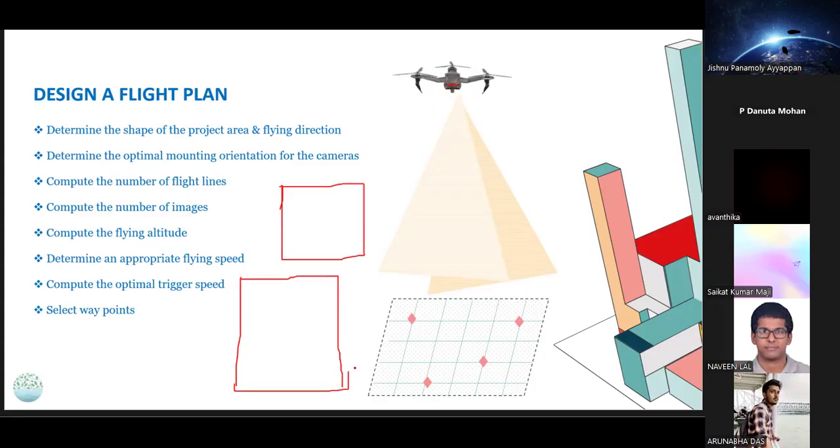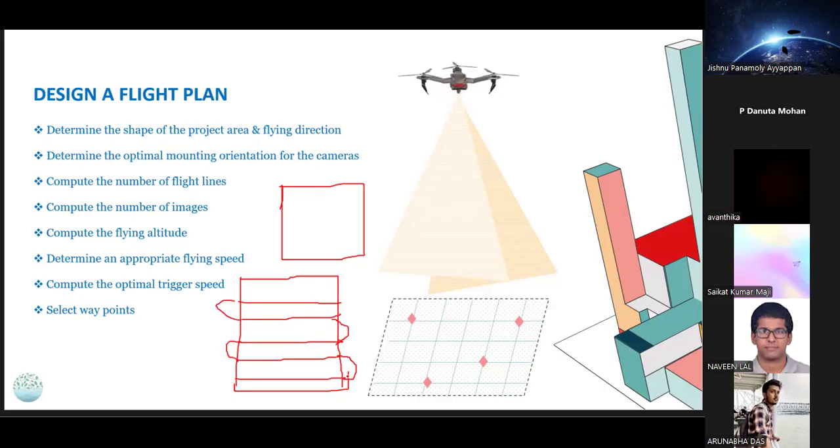If we fly the drones in a horizontal pattern, the drone starts from here and moves till here, it has to make a turn here and then goes to the next flight path. Again, it has to make a turn here and enters the next flight path. If you count, there will be n number of turns that a UAV has to take.